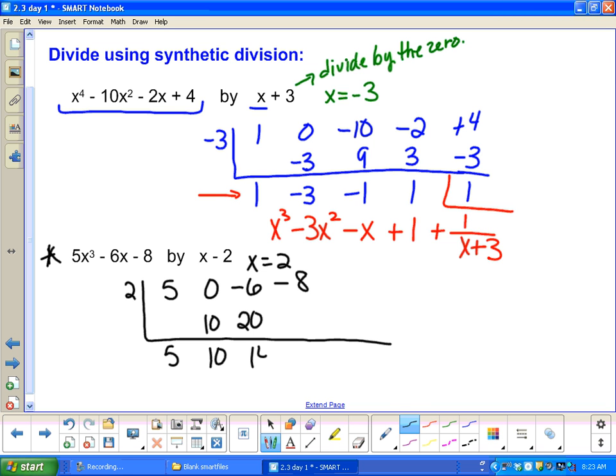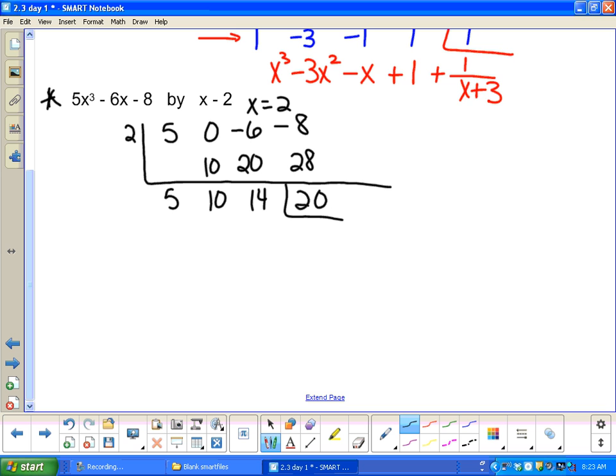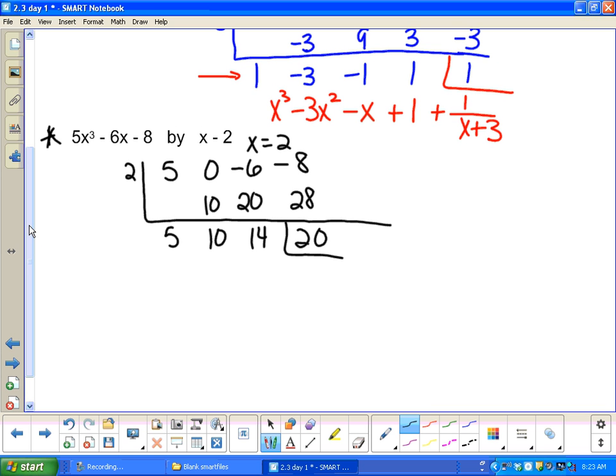Multiply. Add. Multiply. Add. Since I started out with an x cubed, and I divide it by an x, this would now be a coefficient on x squared, so it's 5x squared plus 10x plus 14 plus my remainder over my divisor. And that's my answer.